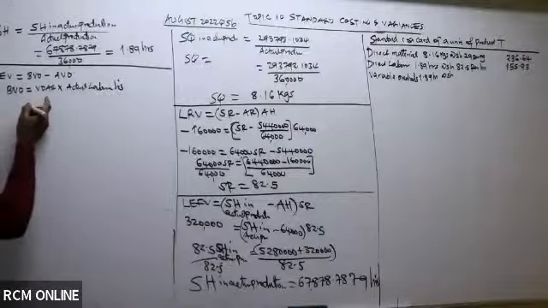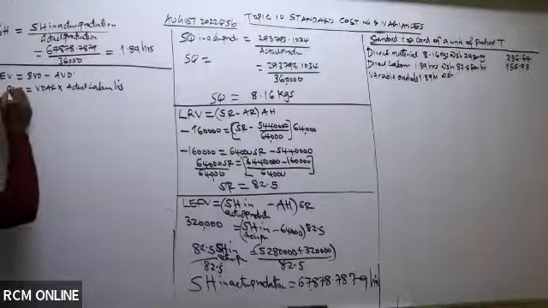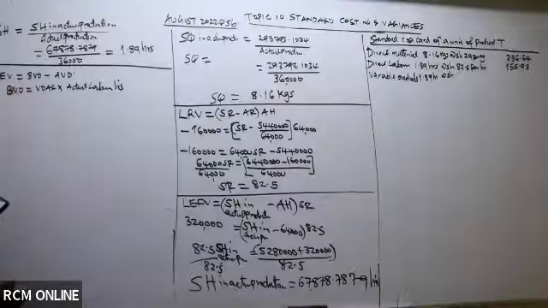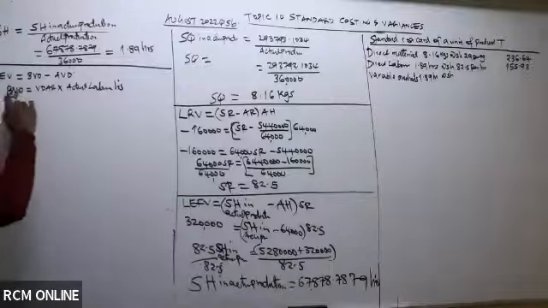So can we get this? Do we have budgeted variable overheads? We don't have that. Do we have variable overhead absorption rate? We don't have that. Do we have actual labor hours? Yes. So you can clearly see we cannot follow this route.